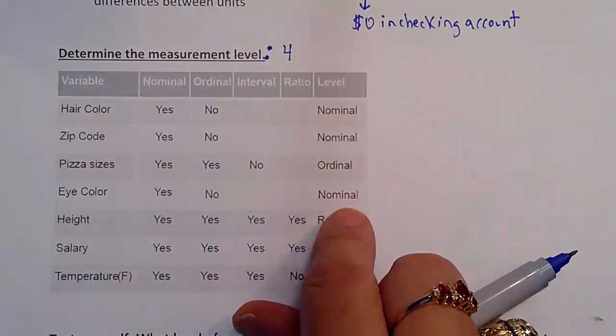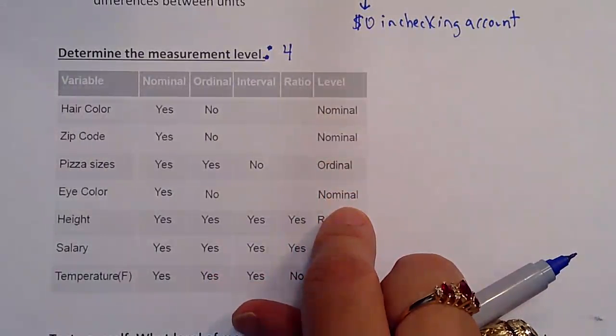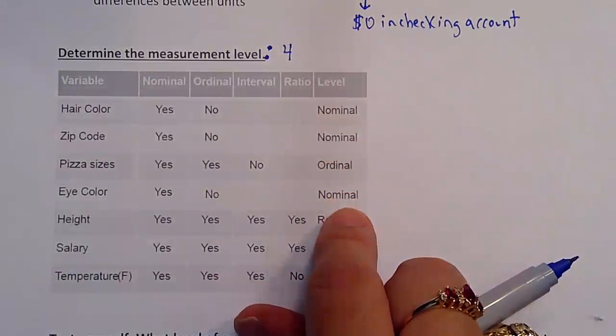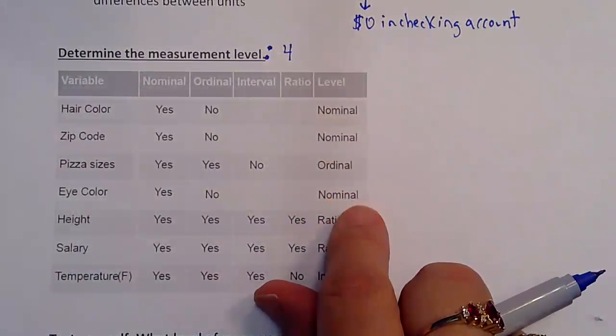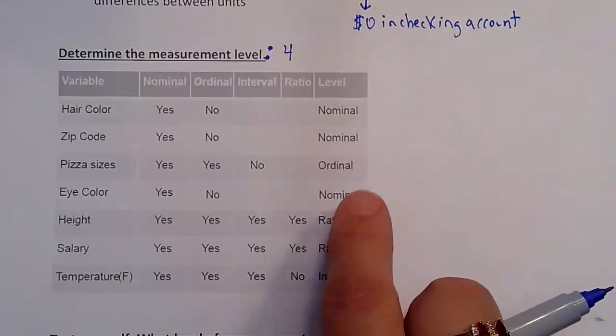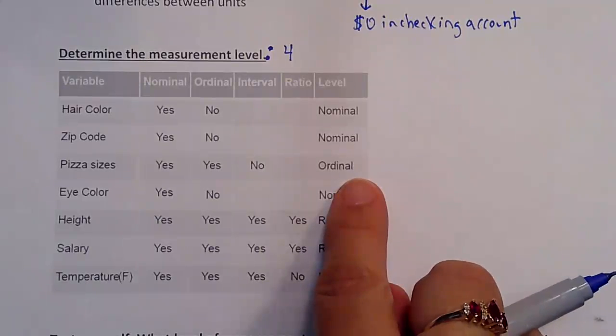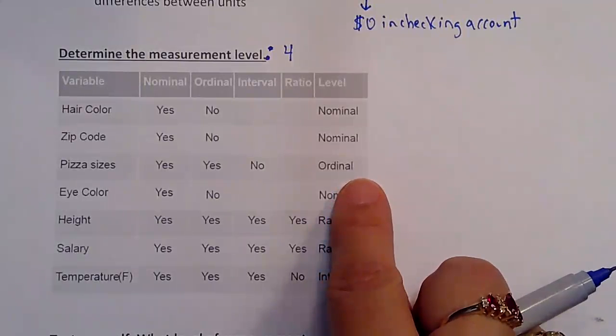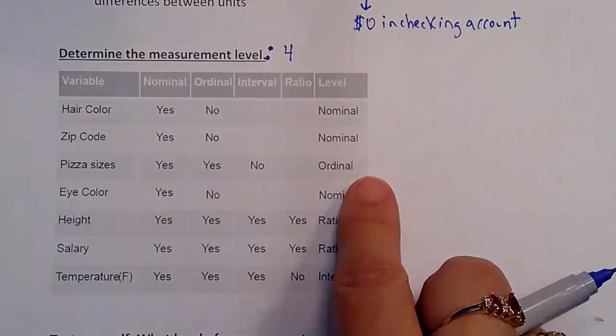And also eye color, anything with color, right? Same thing with color. Earlier we had color of uniforms, right? Okay, so that's nominal on the measurement levels. And then O, ordinal, they have pizza sizes. Remember 10 inch, and the sizes for 14 inch, I think 16 inch on the pizza sizes. That's ordinal.